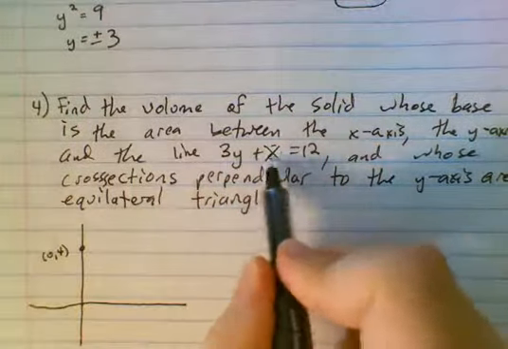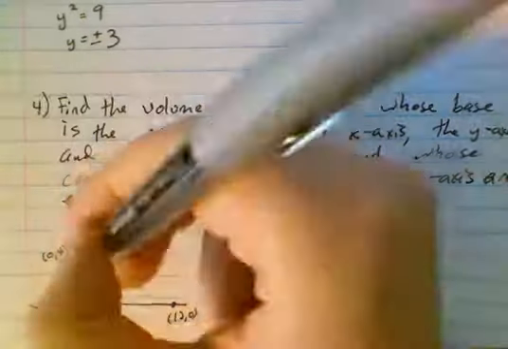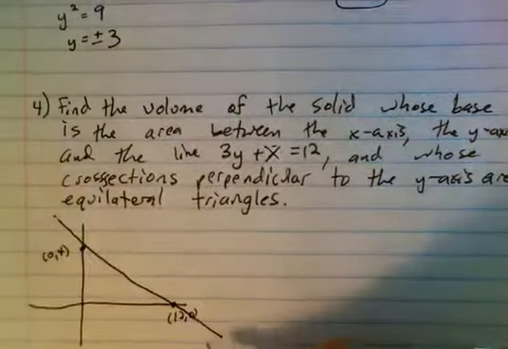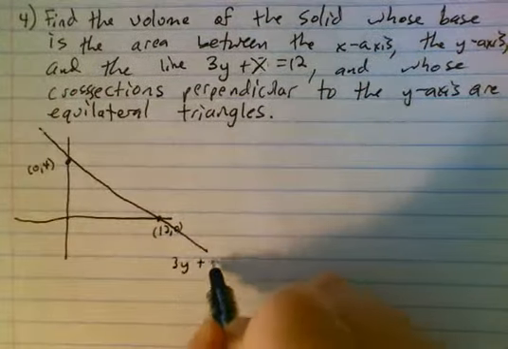And when y is 0, x is clearly going to be 12, so I have the point 12, 0 down here. I can just draw my line right through that. This is the line 3y plus x equals 12.